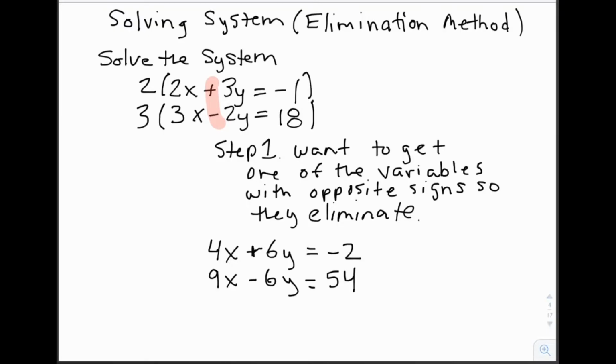So if you notice, what's going to happen to our 6y's, they're going to cancel out. So we can cancel those out, and basically you can add what is left over. So this will be our step 2 here.